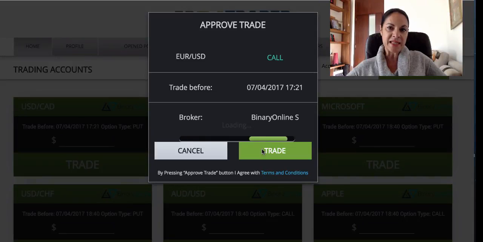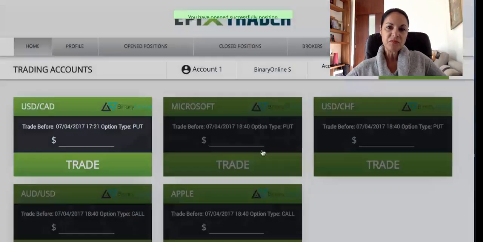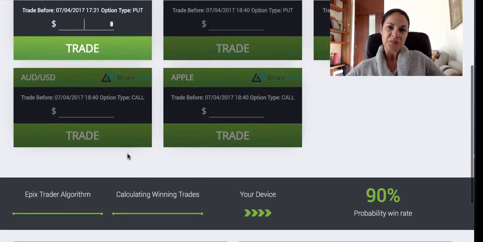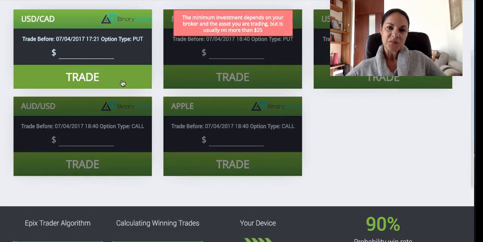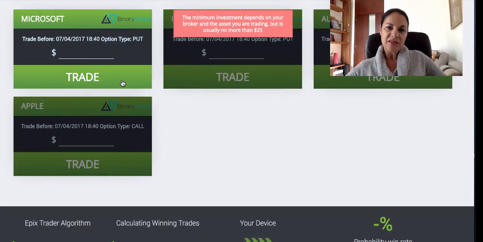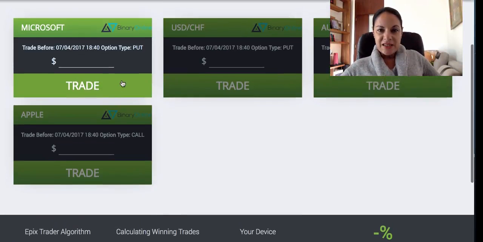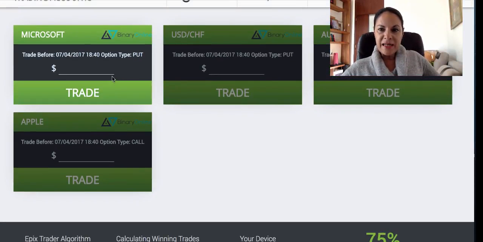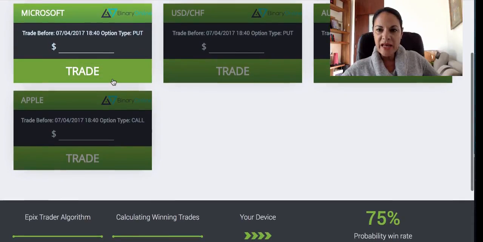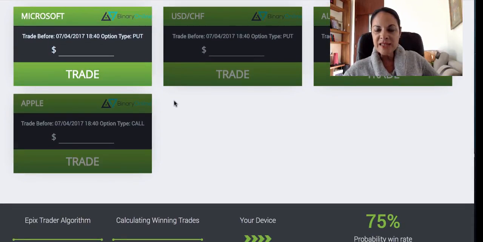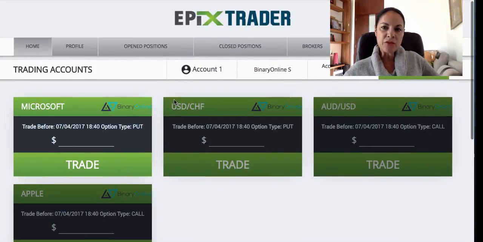I have another signal which I will take ASAP, another signal for which I will execute for $50. Here we are. Hit the wrong button. The trade is executed. Okay, great. We have the trade and we have no, maybe not.